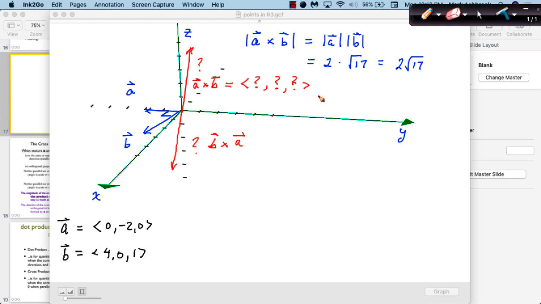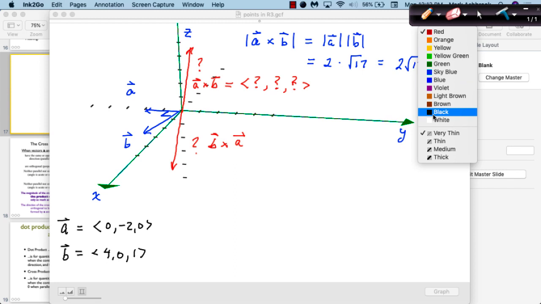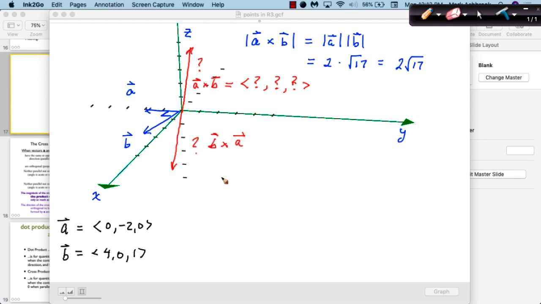So here's how you do that. Set up a matrix with the first row being i, j, and k. The second row being your first vector, so 0, -2, 0. The third row being the second vector, 4, 0, 1.